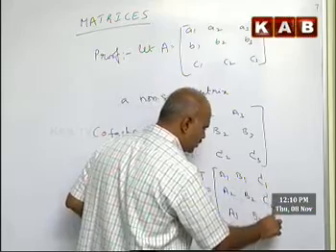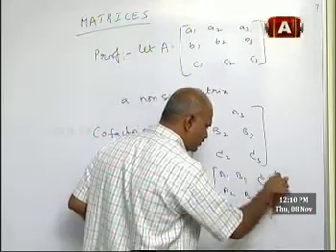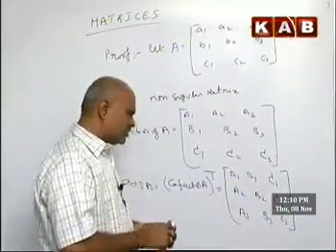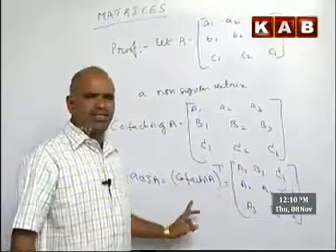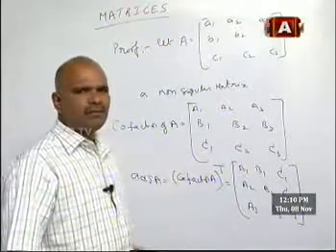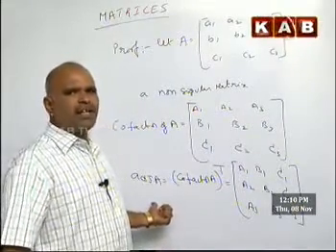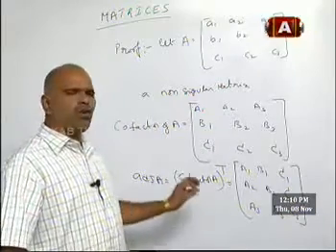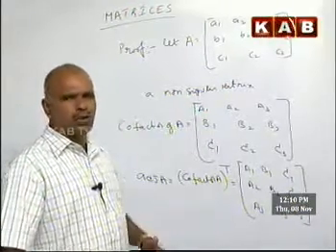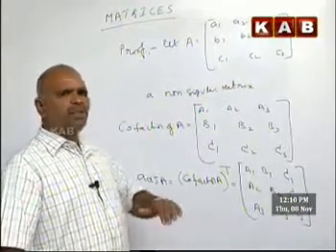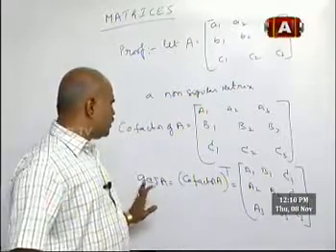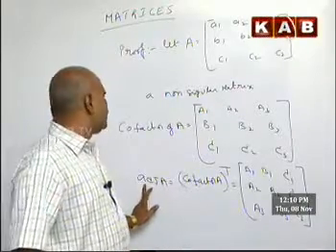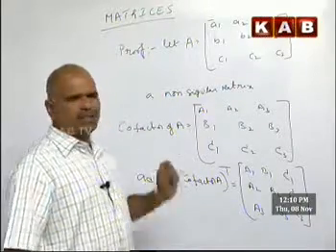So this is our transpose, and it is called adjoint A. Once again repeating, adjoint A is nothing but the cofactors matrix transpose. Right, you got the adjoint A and you got the matrix A.